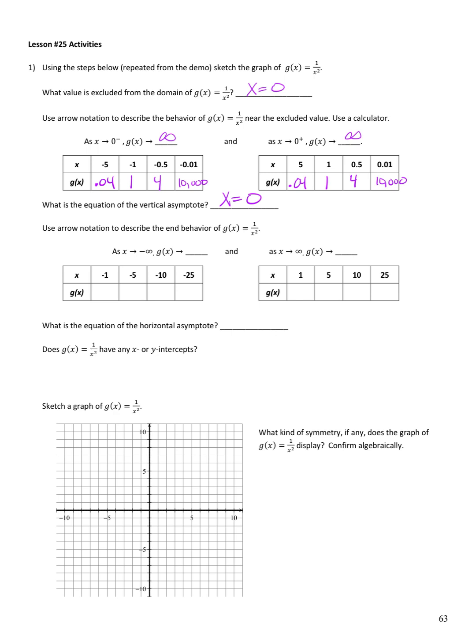Okay, so now I want to explore the end behavior of 1 over x squared, which is what happens when the x values approach -infinity and +infinity, instead of approaching 0 like we did up here. We're going to make the x values get really, really big. So 1 over -1 squared, that's 1. 1 over -5 squared, that's 1 over 25, or 0.04. 1 over -10 squared, that's 1 over 100, or 0.01.